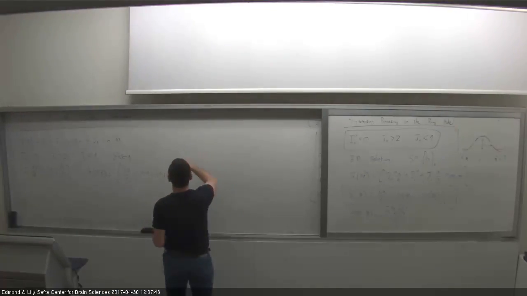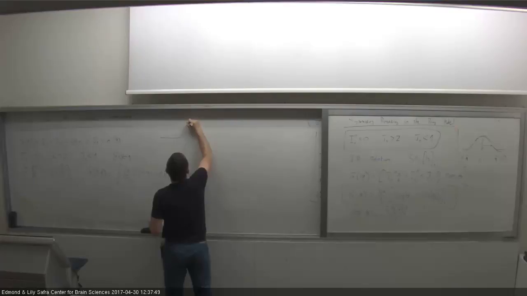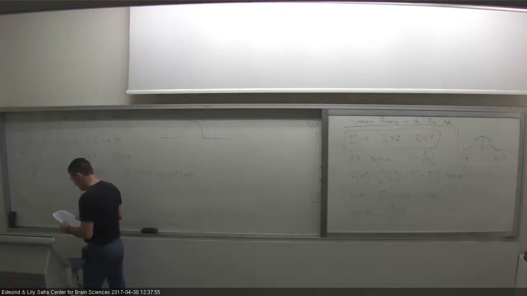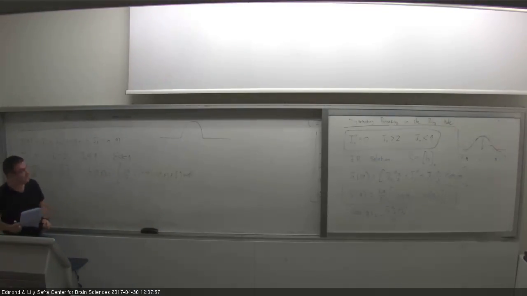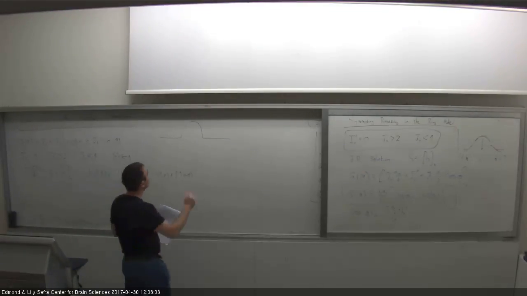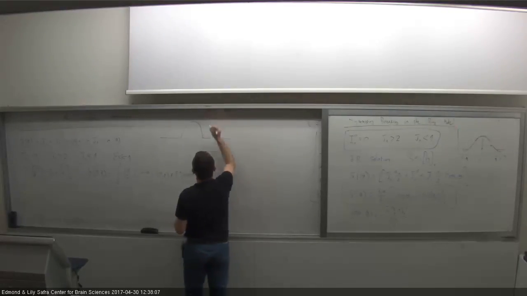So this bump will look something like this. Let me try and draw a bump. This is the expected solution in the absence of asymmetry. This would be the case of epsilon being equal to 0.